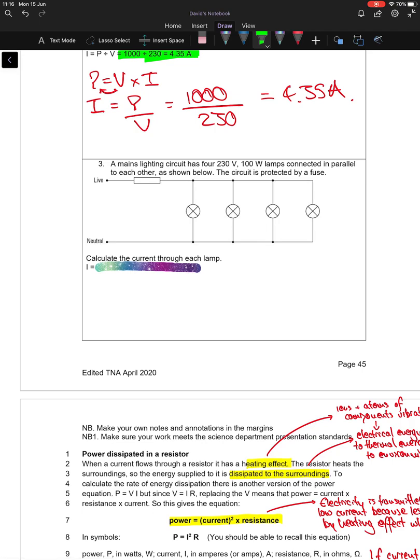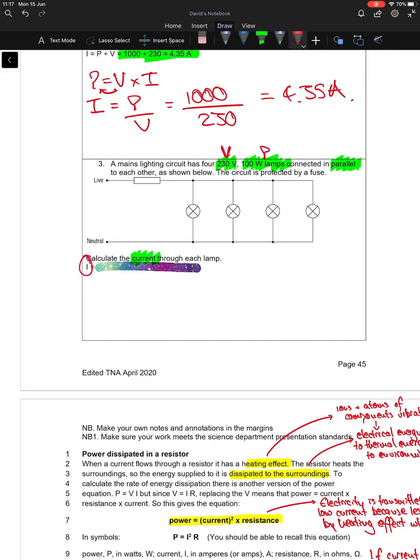And then calculate the current. Calculate current through each lamp. So a mains lighting circuit has four 230 volts 100-watt lamps connected in parallel to each other as shown in the diagram. The circuit is protected by a fuse. What is the current?